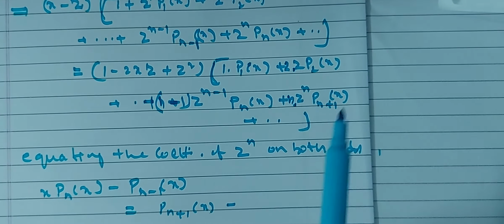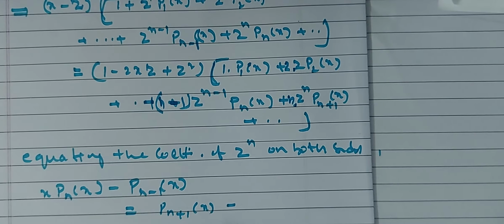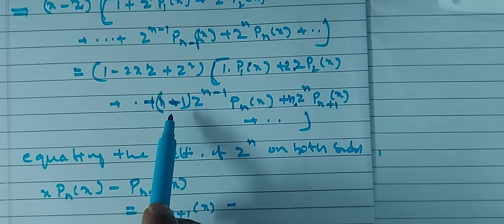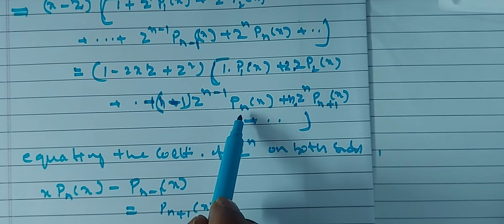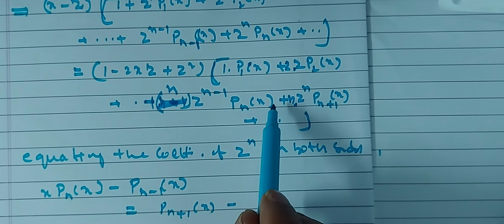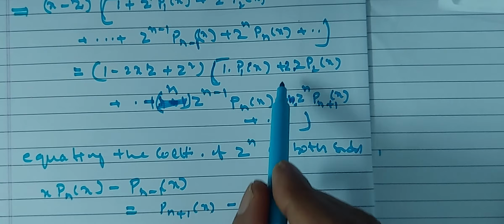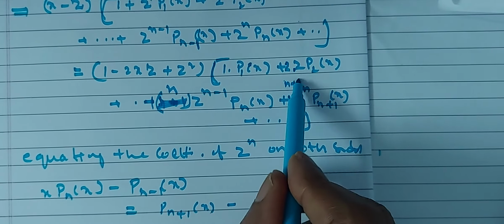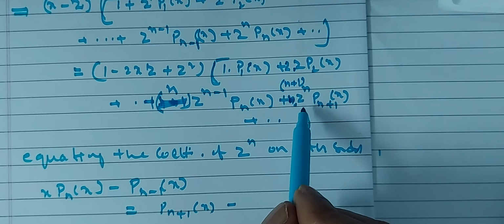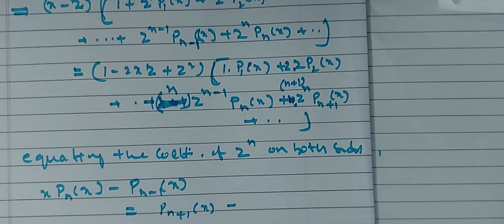So what we have here is, in the expansion, the previous term is Pn, which also has to be n, and this is n plus 1 into z power n into P n plus 1 of x.